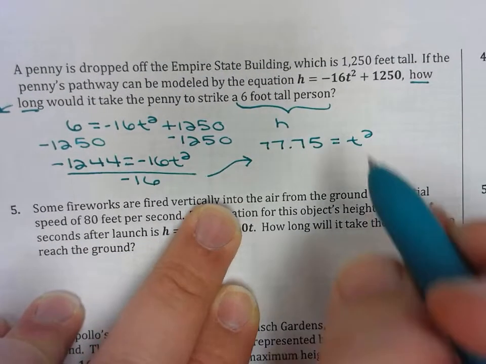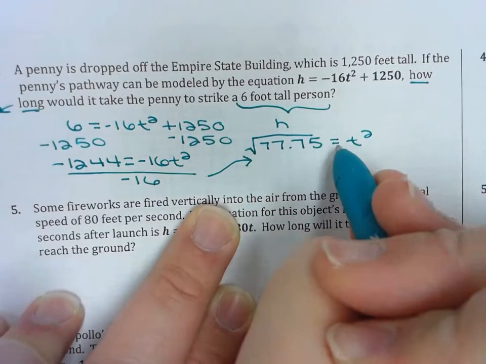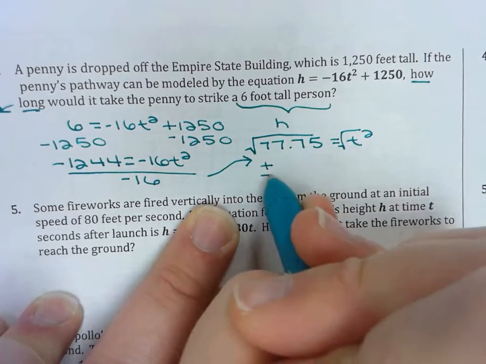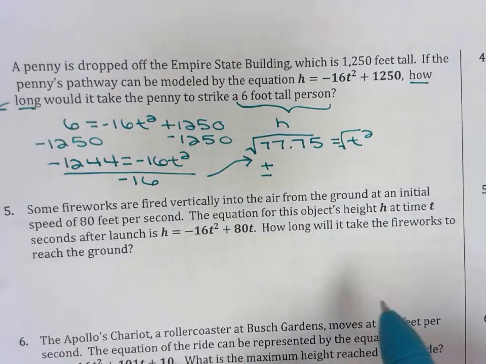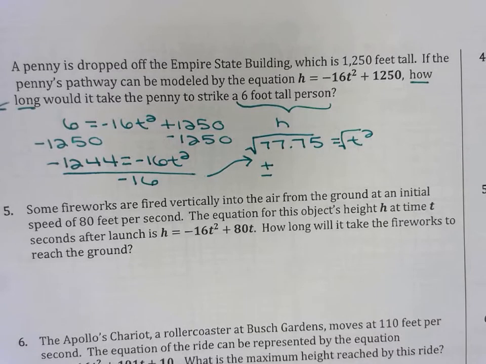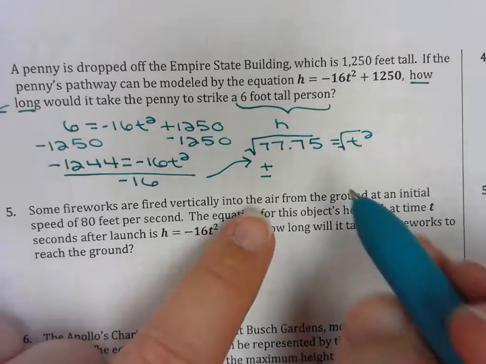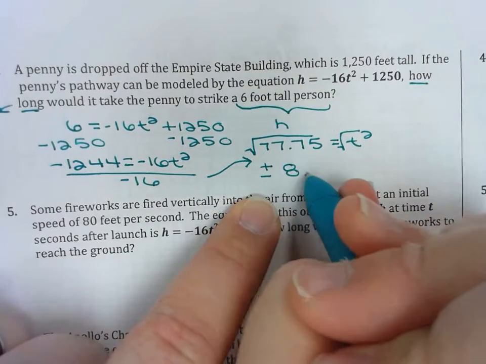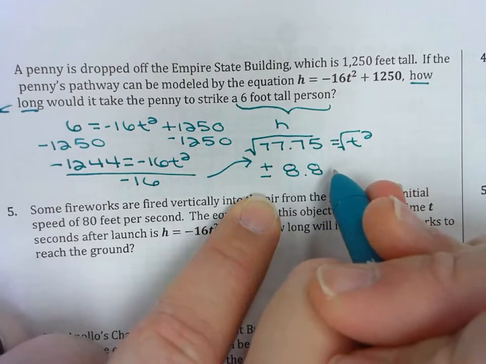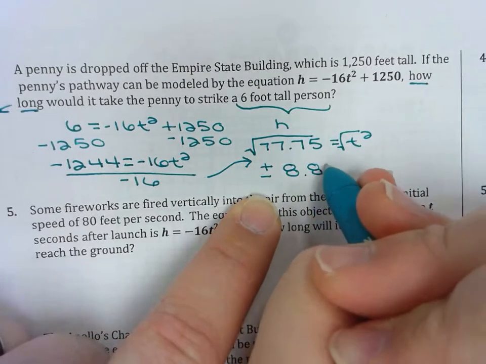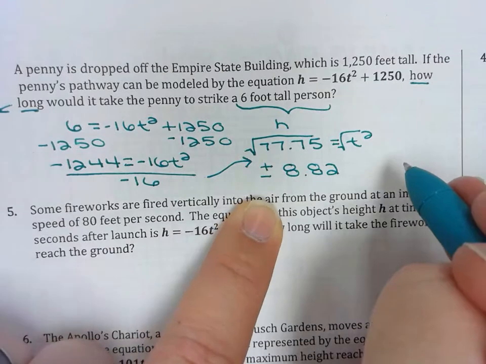What do I do next? Square root. So I will have plus or minus, because the square root is always plus or minus. Plug in your calculator: what is the square root of 77.75? 8.8175960, you can just round it to two places: 8.82. And that represents what?